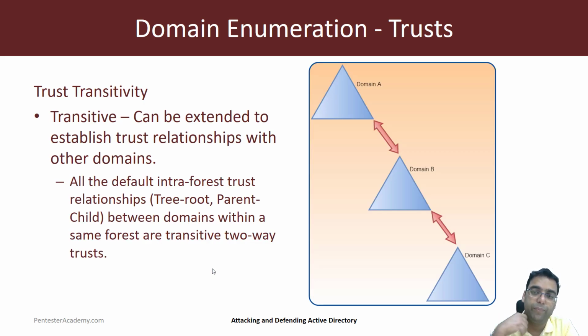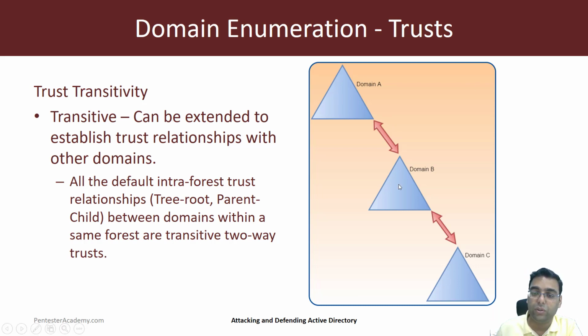Now there is a property of trust called trust transitivity. A trust is called transitive when it can be extended to establish trusts with other domains. For example, in this diagram, you can see that domain A has a bidirectional trust with domain B, and domain B has a bidirectional trust with domain C. In case of transitive trust, this would be equivalent to the transitivity we read in mathematics.